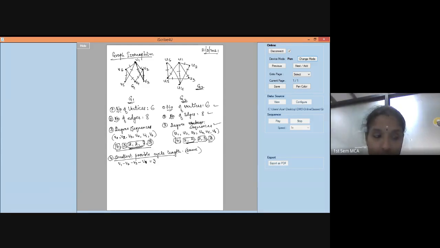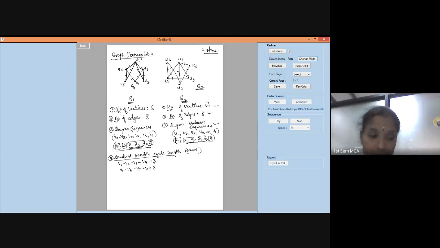All right. What are the other possible cycles that we have, if any? V1 to V6, V6 to V5, and then again from V5 back to V1. That is another cycle, and this is also of length 3.